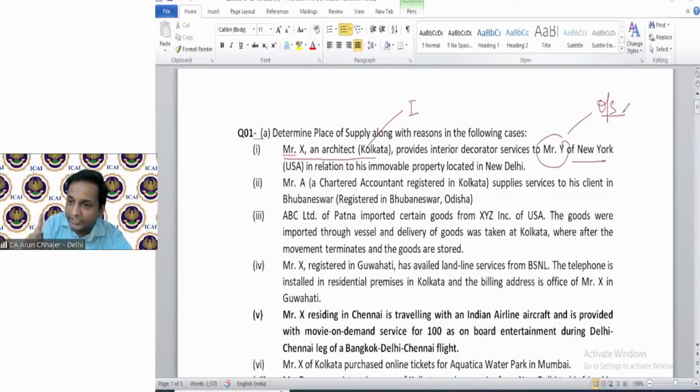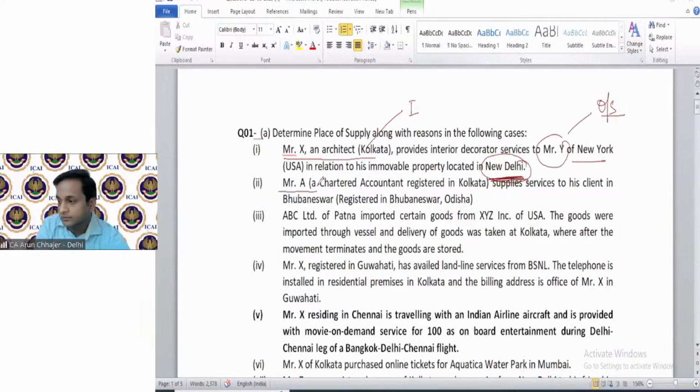And in case of section 13, it says that the location of the property would be the place of supply. So, Ms. Agrawal has correctly replied. Sriram, agreed or not? So now in this case, the place of supply would be New Delhi.